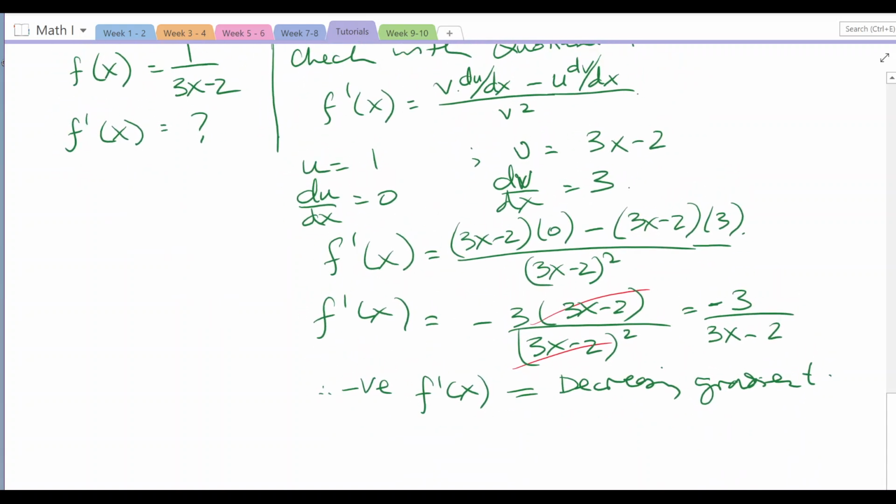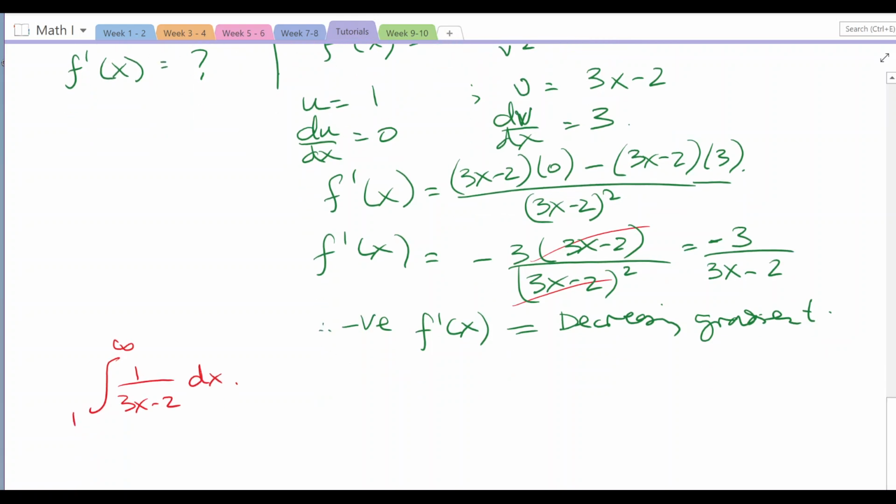So we just have to take the integral of that series between 1 and infinity of 1 over 3x minus 2 dx. With respect to x, this is simply 1 over 3 ln of 3x minus 2. So we just have to evaluate between infinity and 1.